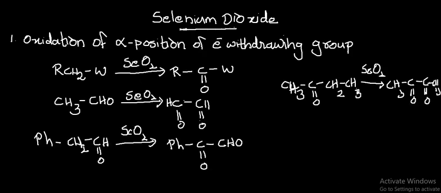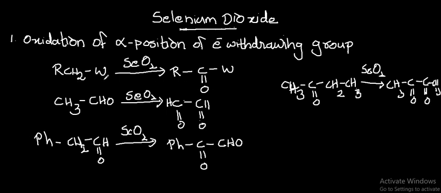One application is oxidation of the alpha position of an electron withdrawing substituent. Here, the most preferred electron withdrawing substituent is the carbonyl group.